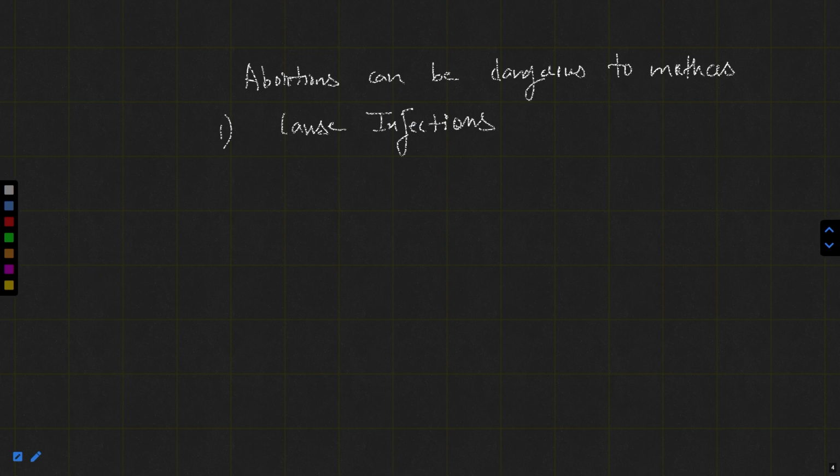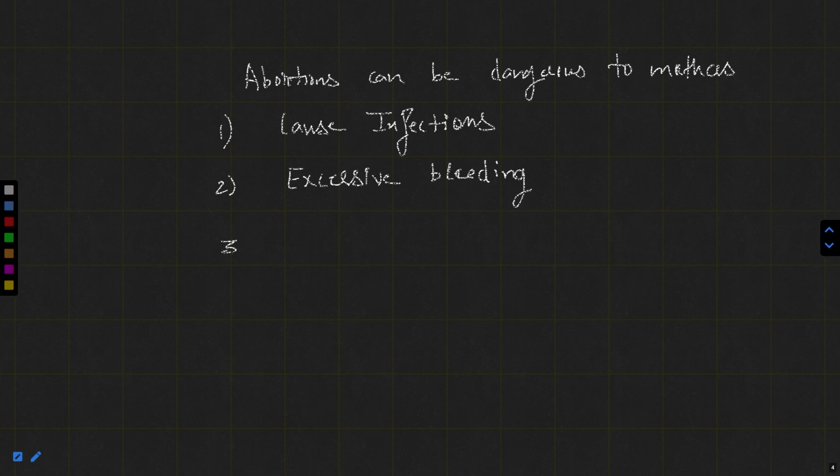They can also cause excessive bleeding in the mother, and this can be quite fatal because excessive bleeding can lead to the death of the mother.